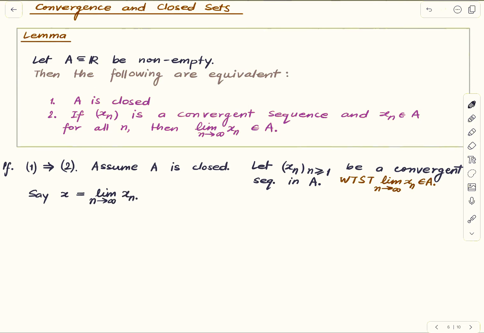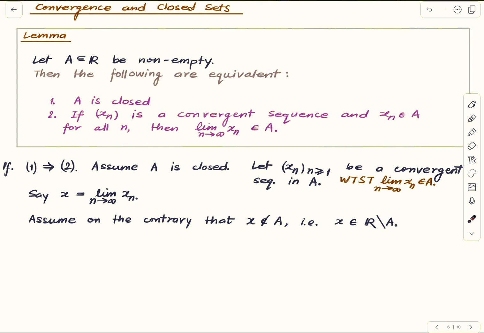All right, so assume on the contrary that X is not in A, that is the same as saying X is in A complement. Okay, X is in A complement.